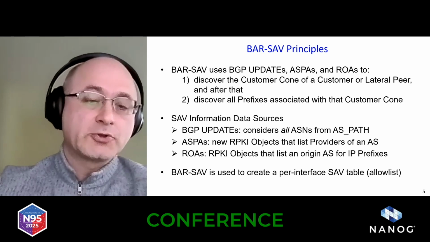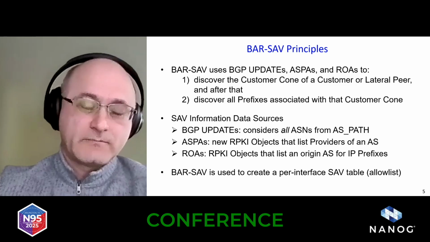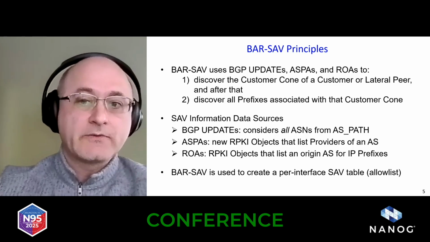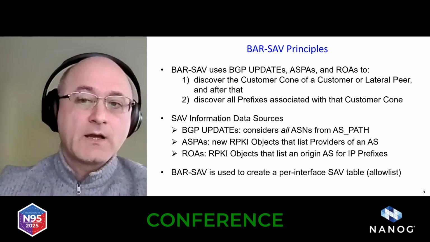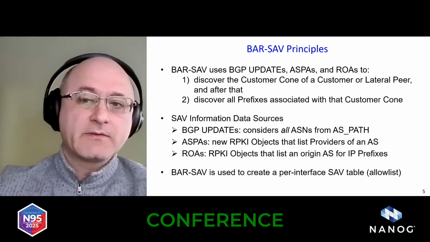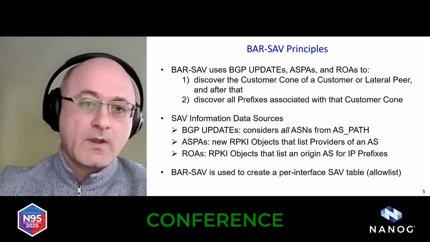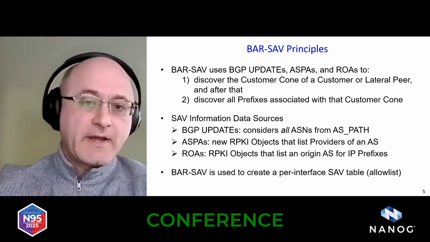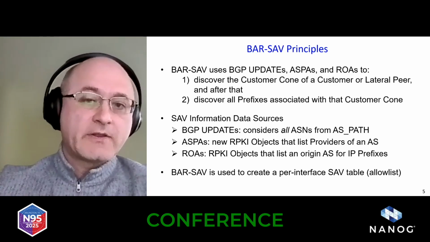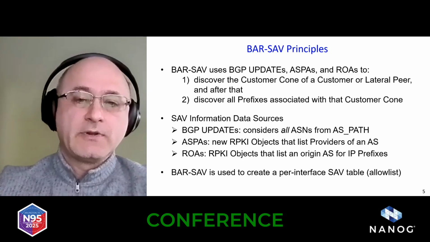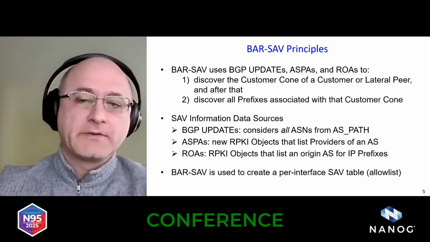And we're looking at ROAs. Those are existing RPKI objects, and they're getting quite a bit of adoption already, that list origin AS for IP prefixes. And the end result, the end goal of BAR-SAV, is creating per-interface subtables. So allow lists per interface.